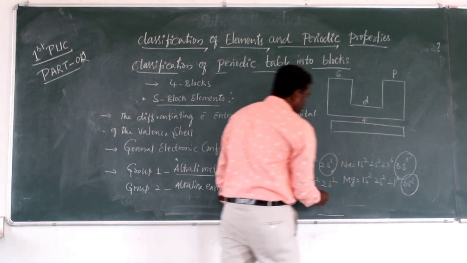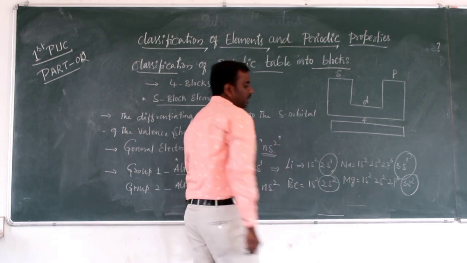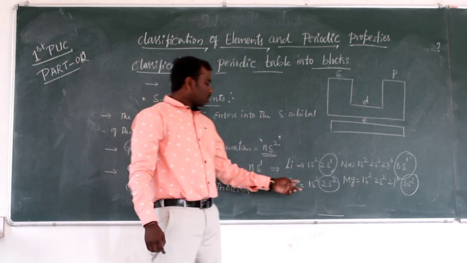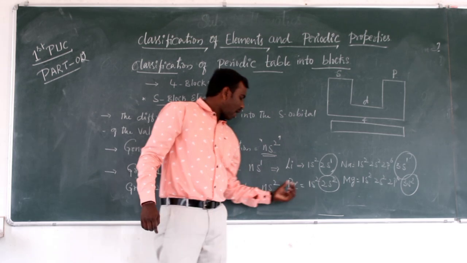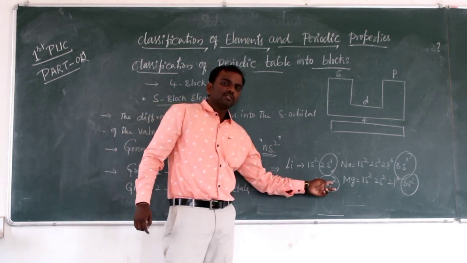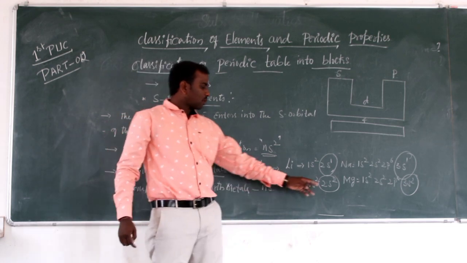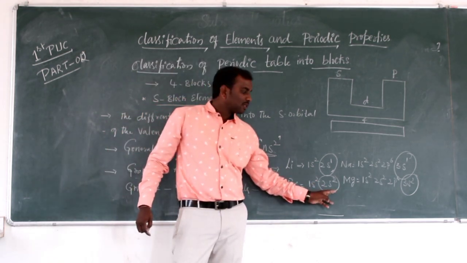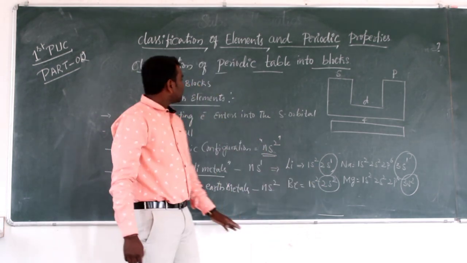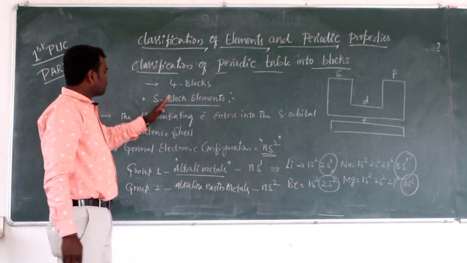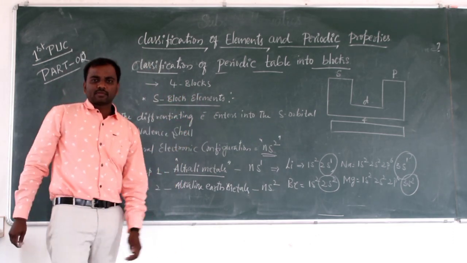See here, 2s2 and 3s2. See, 2 outermost electrons are present in the valence shell, in the s orbital. Is it clear? See, this is some concept of S-group elements.